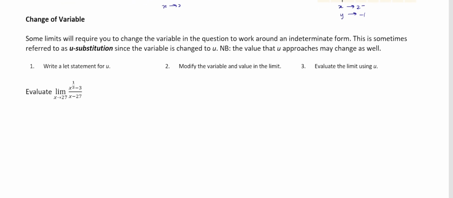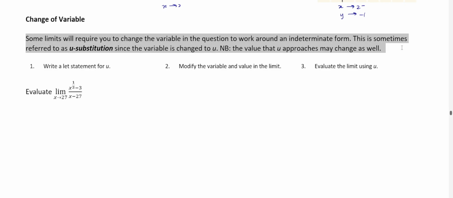We can also use u substitution to evaluate limits if we are in an indeterminate form. So some limits will require you to change the variable in the question to work around indeterminate form. This is sometimes referred to as u substitution since the variable is changed to u.